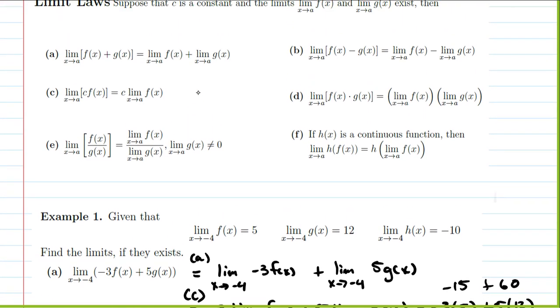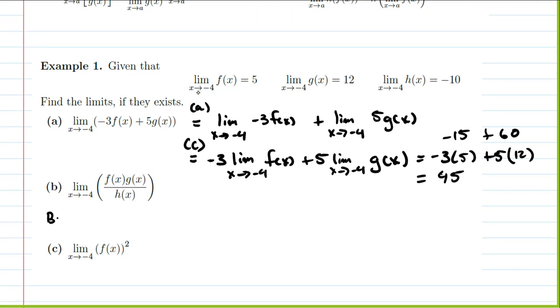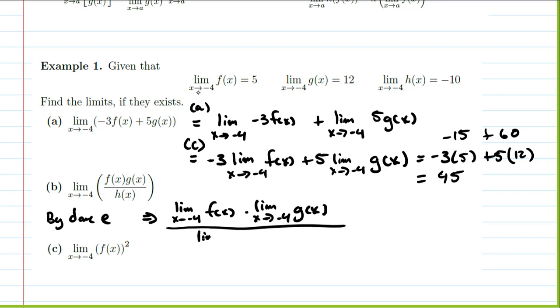So then by properties D and E, and we can use them together, we would get the following. We would have the limit as x goes to negative 4 of f of x times the limit as x goes to negative 4 of g of x, all divided by the limit as x goes to negative 4 of h of x.